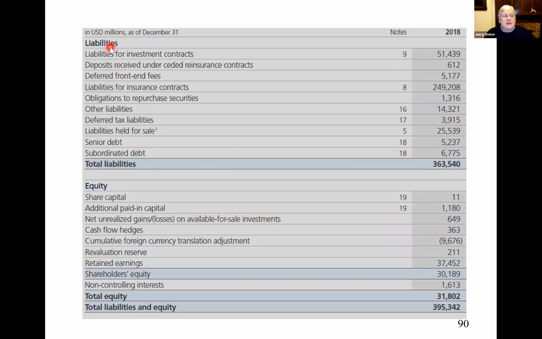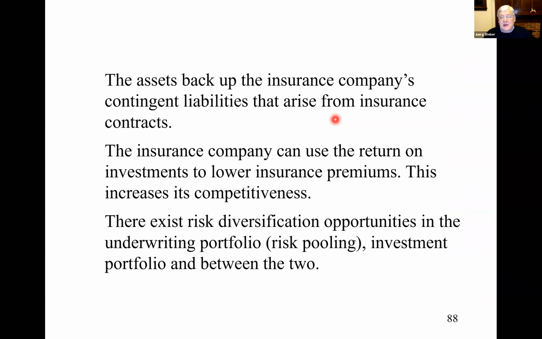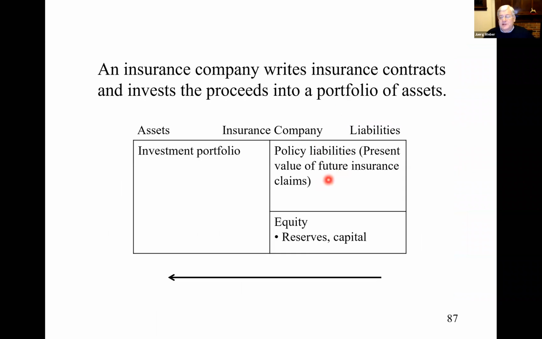Now, the liabilities of Zurich Insurance, the biggest item is here the liabilities for insurance contracts. It's $249 billion here. So that's the item here, those policy liabilities as a present value of future insurance claims.